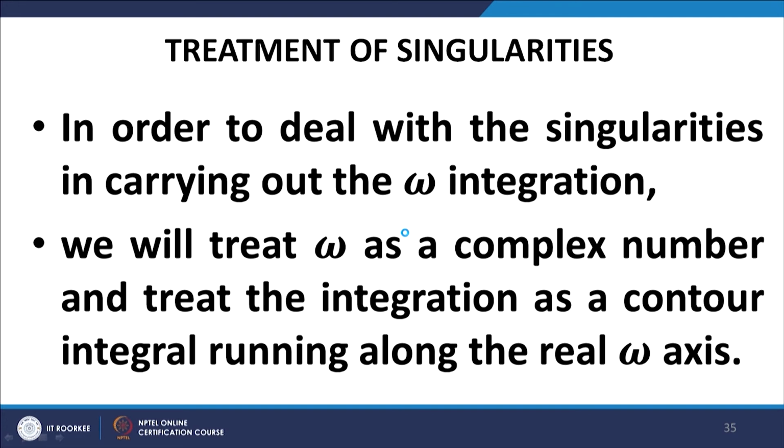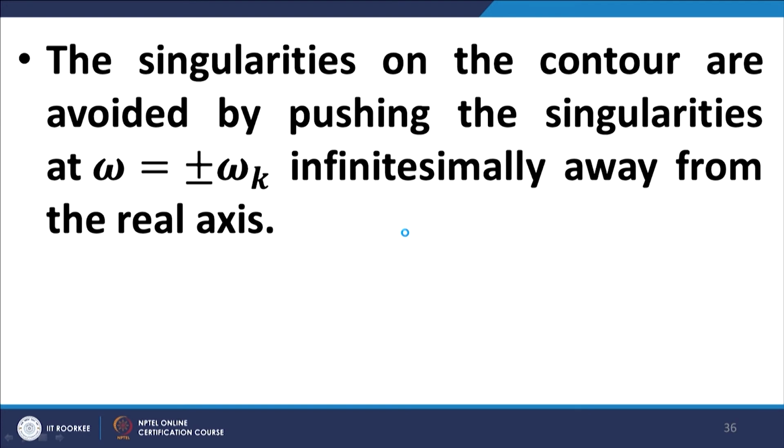What we will do is treat omega as a complex number and treat the integration as a contour integral running along the real omega axis. The singularities in the contour occur on the real axis at omega equal to plus minus omega_k.